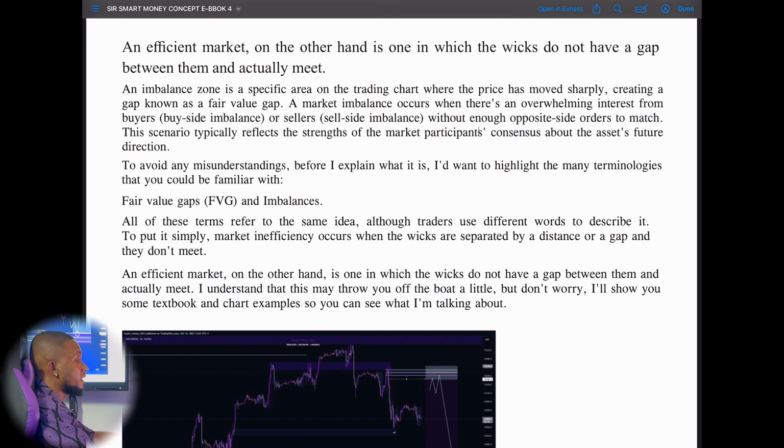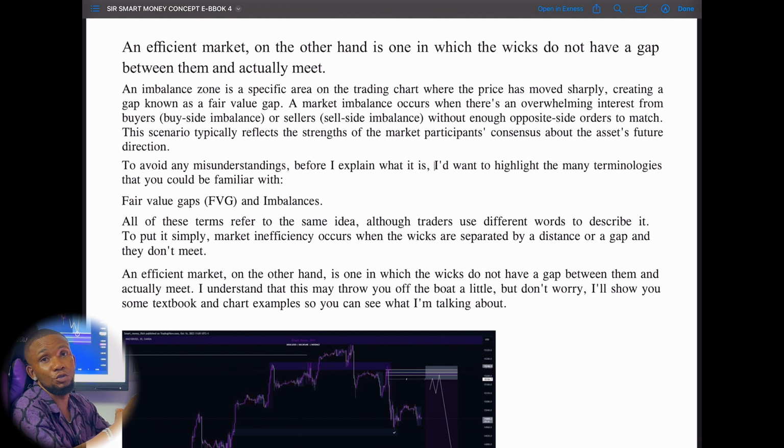Without enough opposite side orders to match, this scenario always reflects the strength of the market participants at that moment, consensus about the asset's future direction.